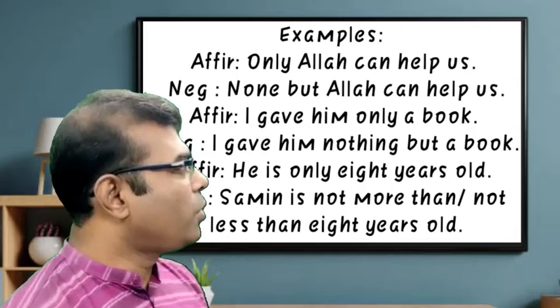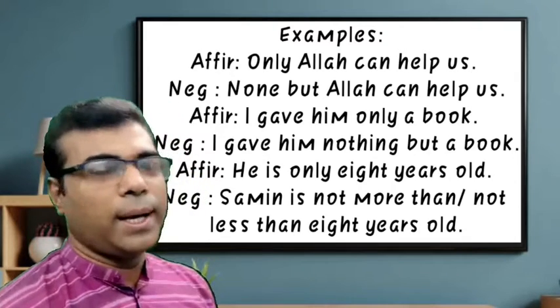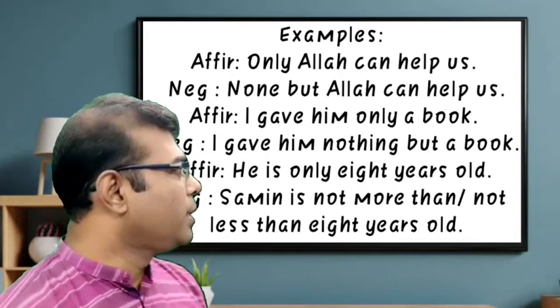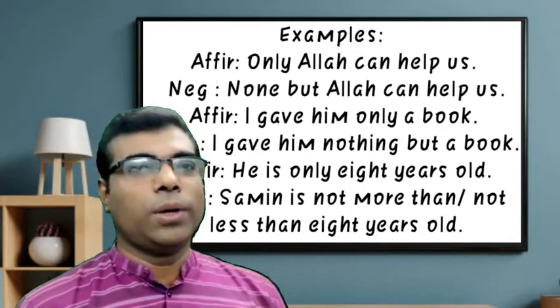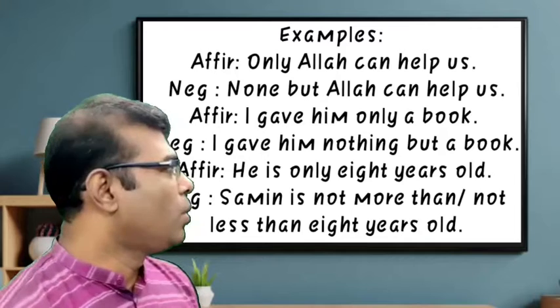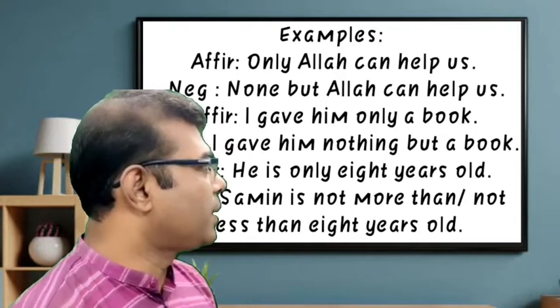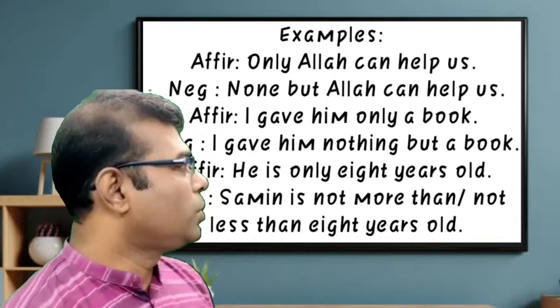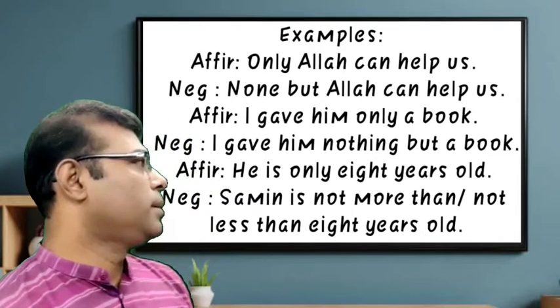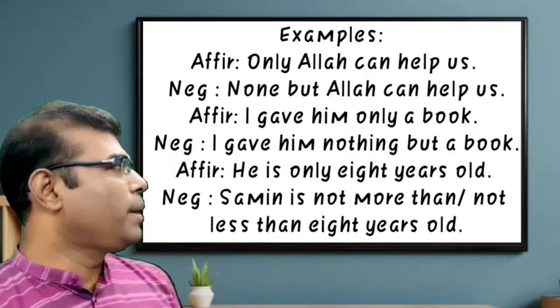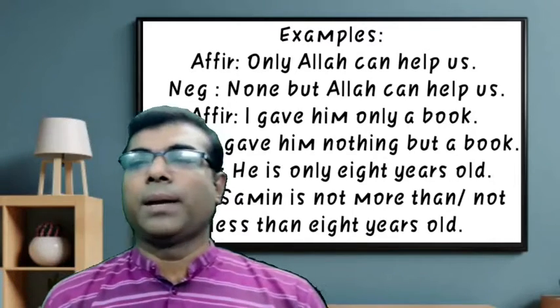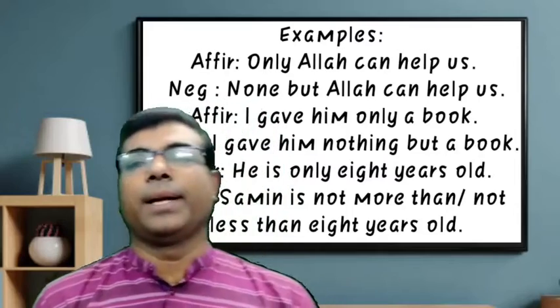We know that if only is used before Allah or any person, then we have to use none but instead of only or alone. Only Allah can help us. So we can use none but instead of only. Our answer will be: none but Allah can help us.